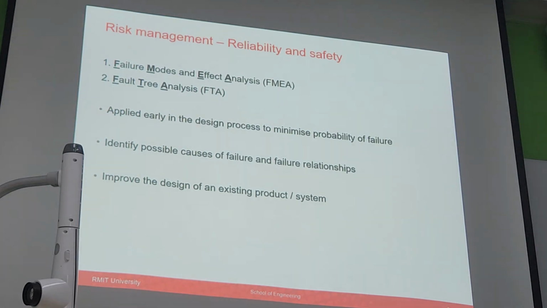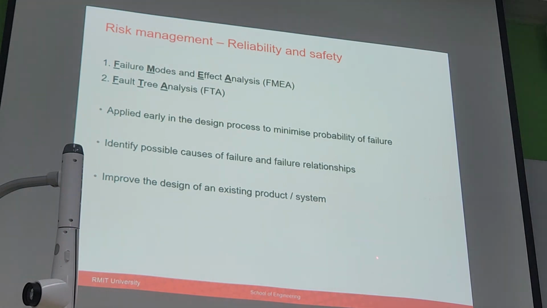What is the failure? For the failure, we have to understand how to minimize the probability of failure. Failure happens after a while, depending on the time, maybe a year, maybe a second, maybe a month.